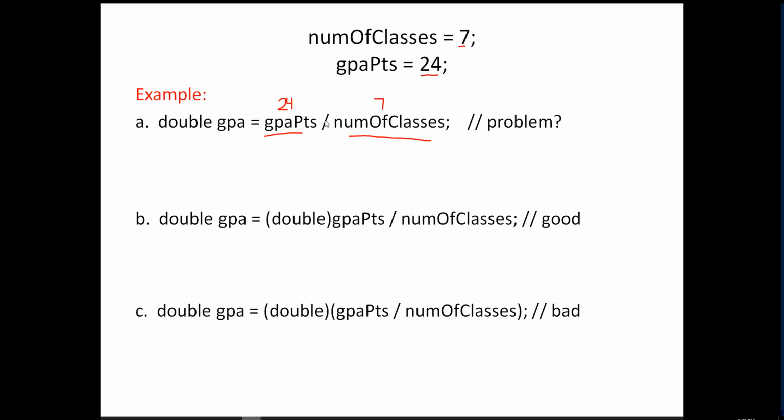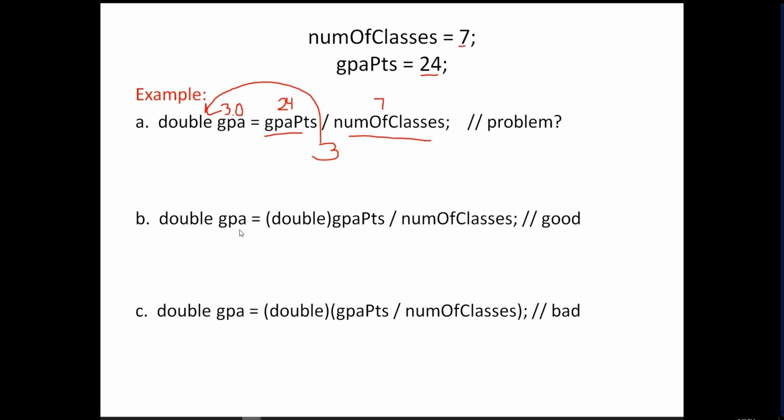So the compiler is going to store 3 into a double. So when it's stored in GPA, it's going to be stored as a 3.0. Now, is that a problem? I mean, is this a 3.0 GPA? Well, let's go on to the next problem.